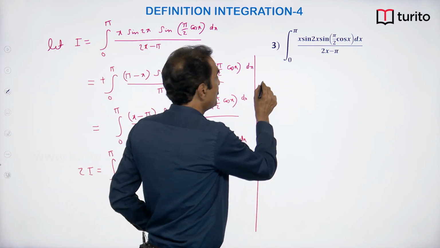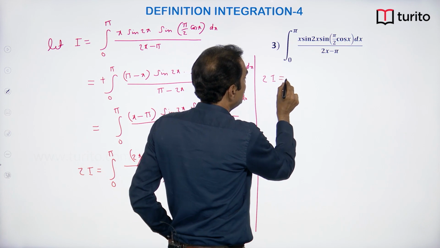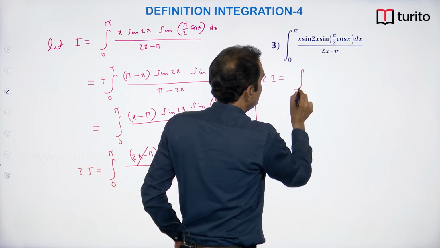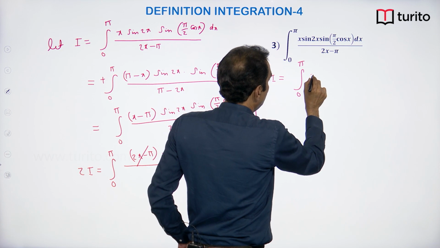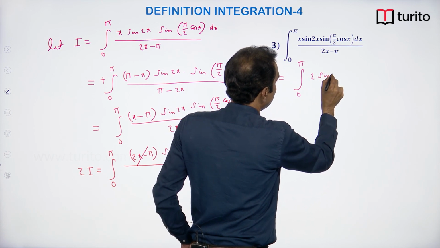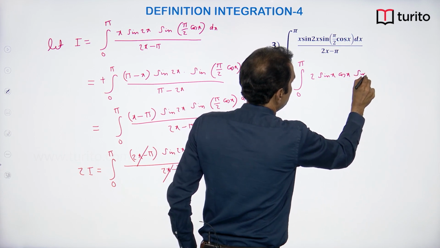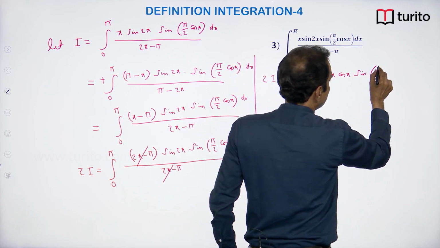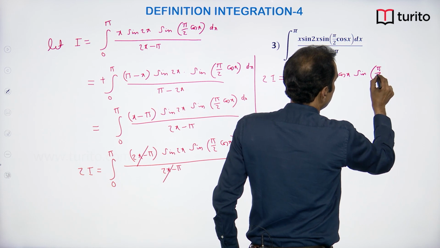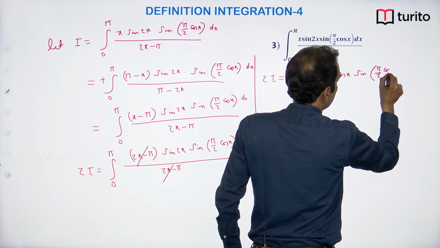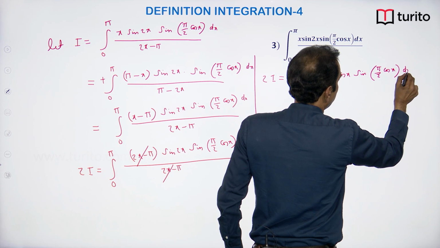2I is equal to integral 0 to pi 2 sin x cos x into sin of pi by 2 cos x dx.